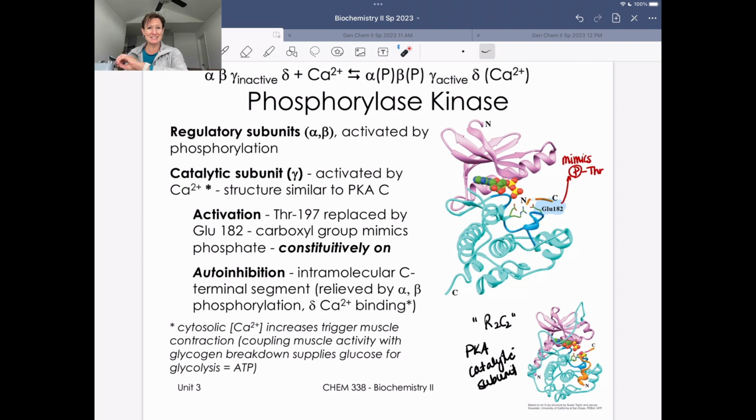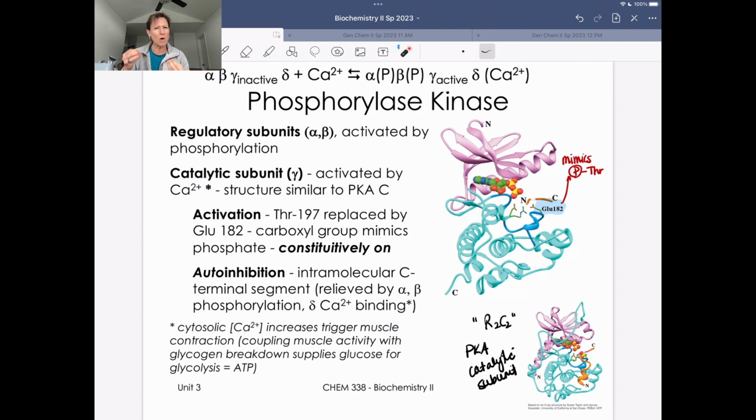Phosphorylase phosphorylates glycogen. Phosphorylase is that enzyme that has that N terminus that's either buried or exposed, and we've got a serine 14 residue that's critical for whether or not we're able to bury that residue. Hint, that serine 14 is phosphorylated by phosphorylase kinase.